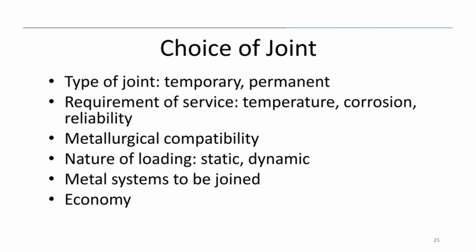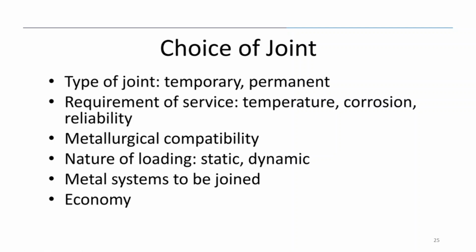Now choice of joint. The type of joint can be temporary or permanent, and the requirement of service temperature will also decide, like in case of soldering, you can't use your solder beyond 200 degrees Celsius. Above that it won't be of any use.